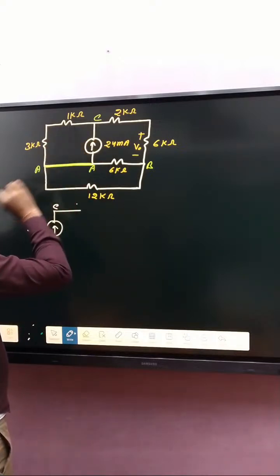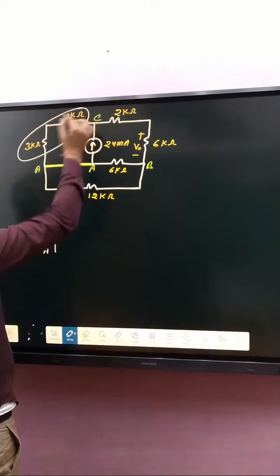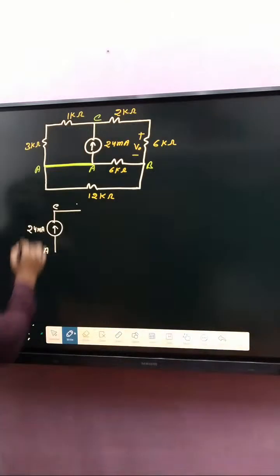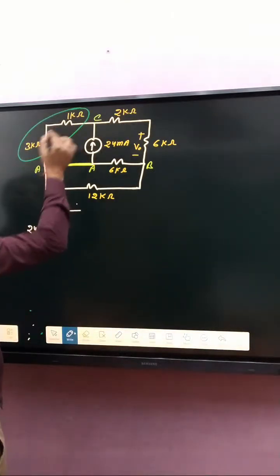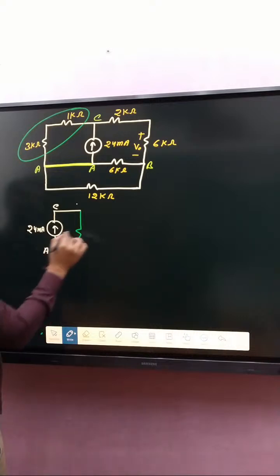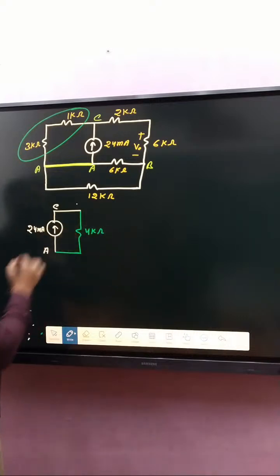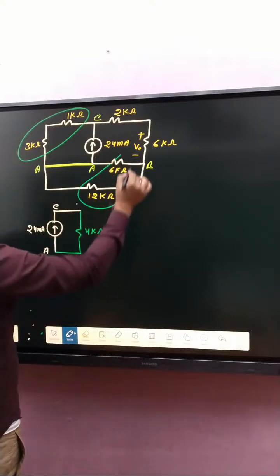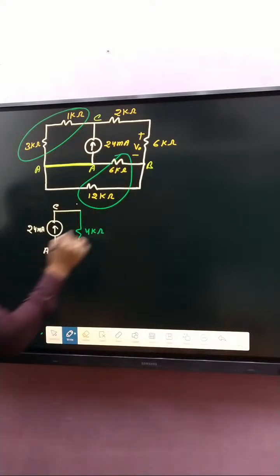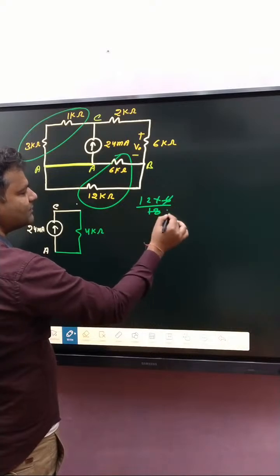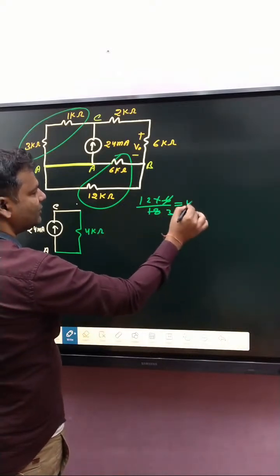3 and 1, both in series. So how much is the combination of these two? 4 kilo ohm. Clear or not? Both are in series, and these two are in parallel. 12 into 6 divided by 18, 3, that is 4 kilo ohm.